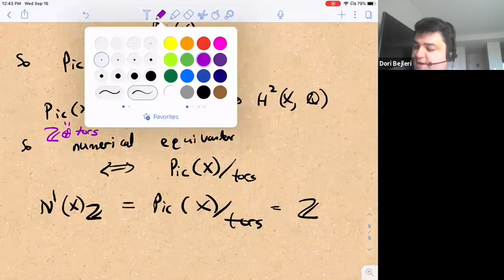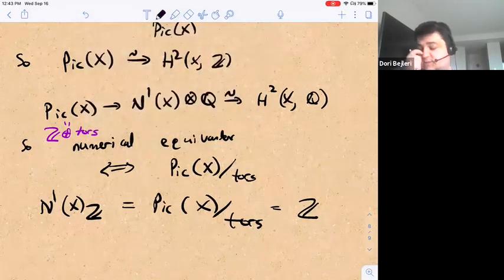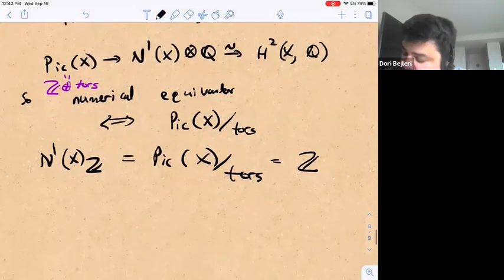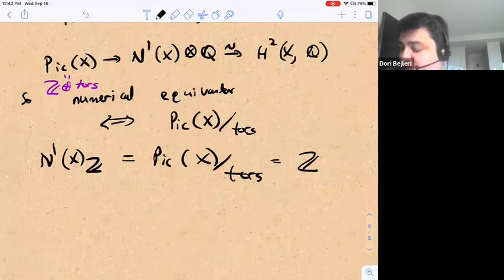And so we can just pick an actual line bundle that generates Picard. So we have a single line bundle, and because it's projective, we can pick an ample generator.